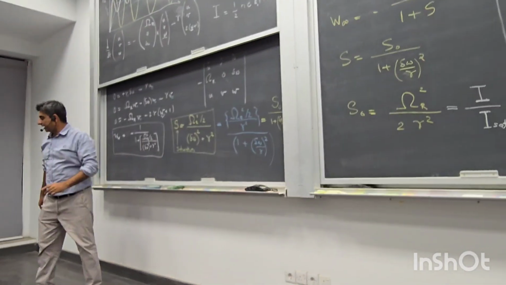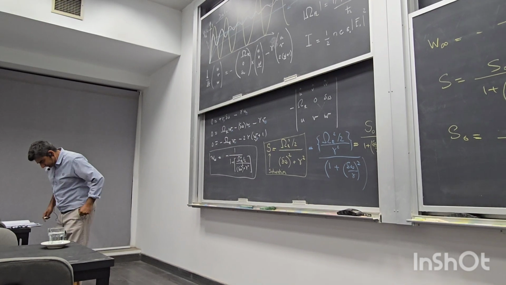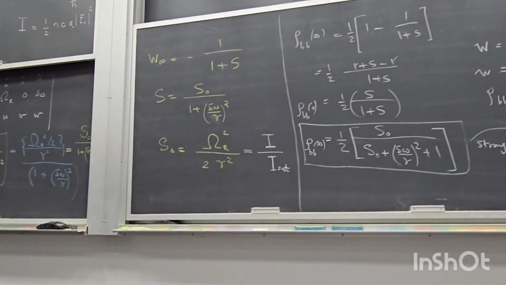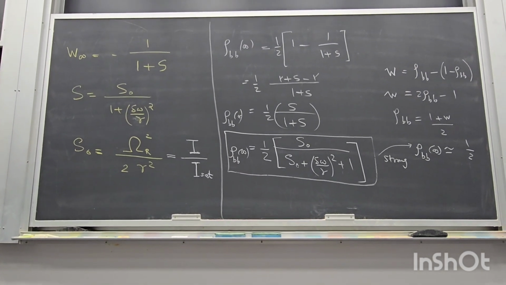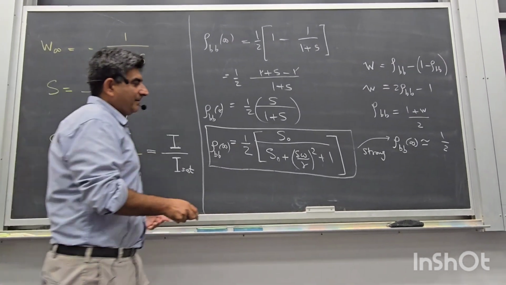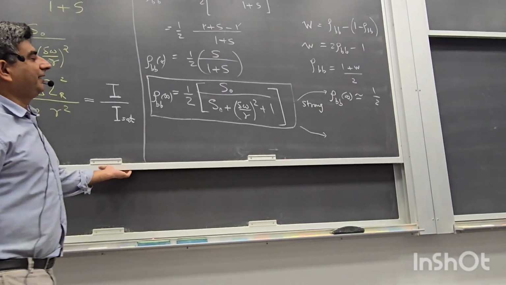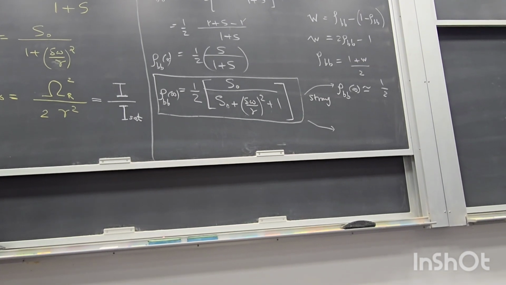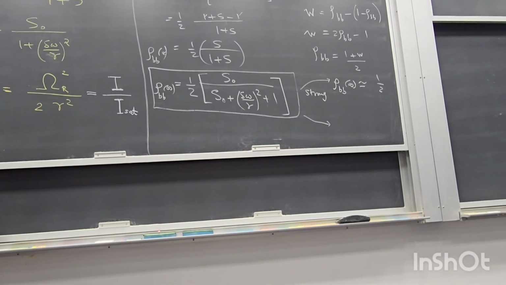Alright, so now let's look at the other extreme. So in the weak field case, when S naught is really small, so what happens in that case?